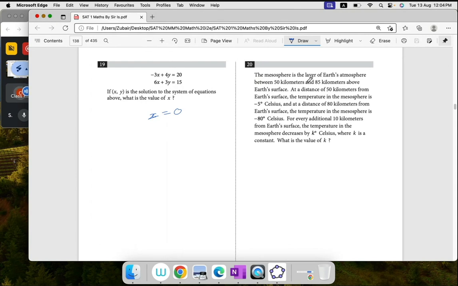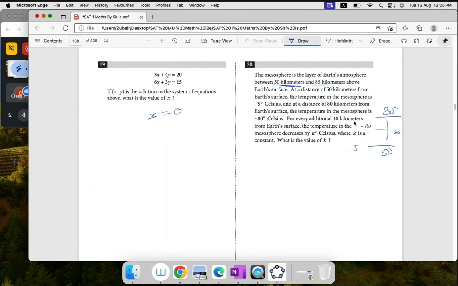The mesosphere is a layer of Earth's atmosphere between 50 kilometers and 85 kilometers above Earth's surface. At a distance of 50 kilometers from the Earth's surface, the temperature in the mesosphere is minus 5, and at a distance of 80 kilometers, the temperature is minus 80.